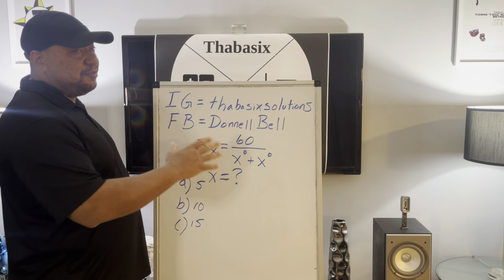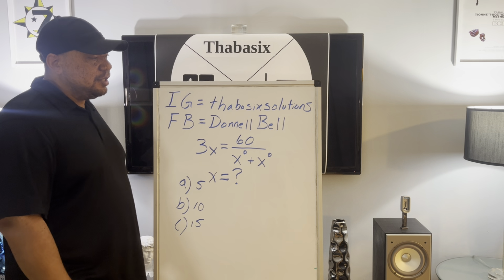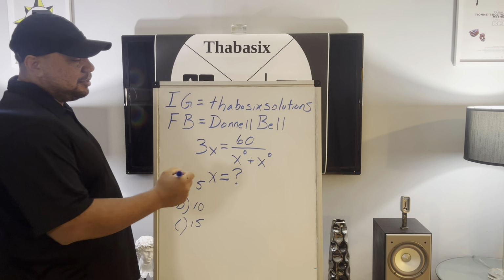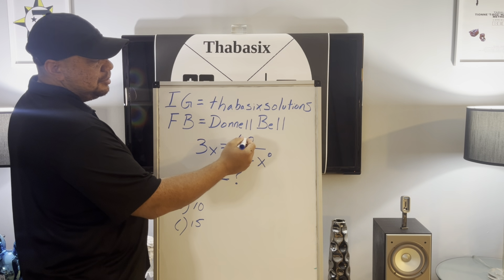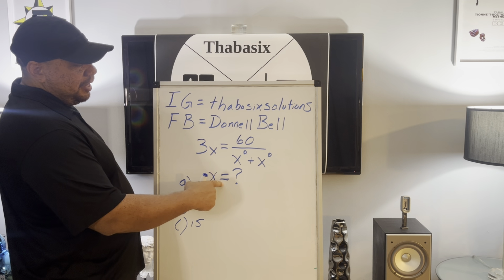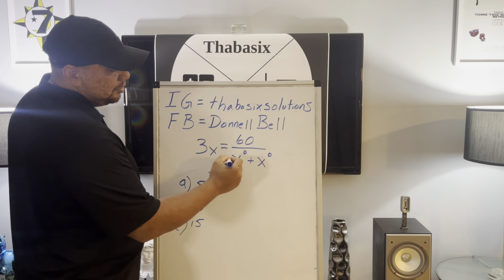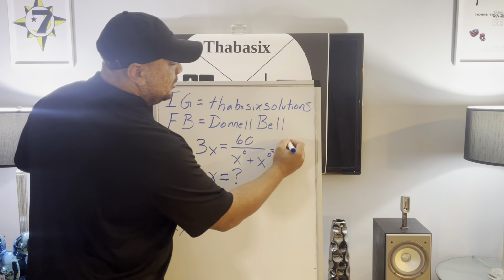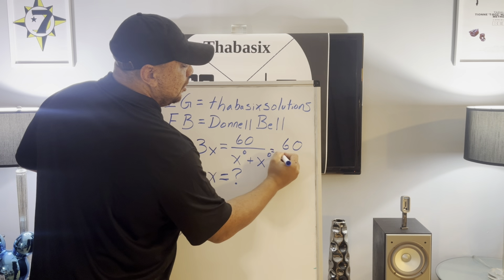So x, or any variable to the zero power, equals 1. This would have been a little bit easier. So basically, this would be 60 over 1 plus 1. All right, so in order to find x, all you would do is say this would be 1 plus 1, so it would be equal to 60 over 2.